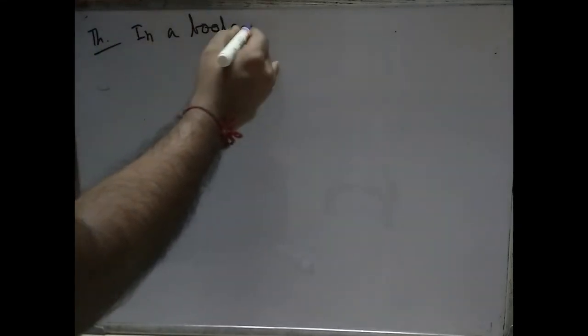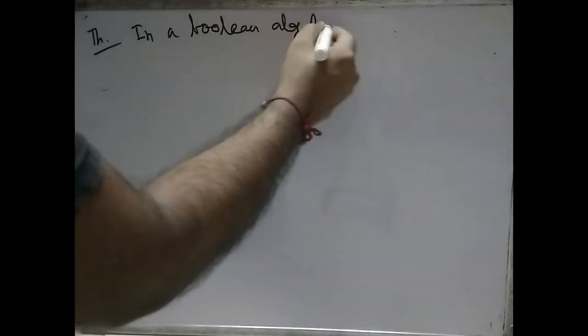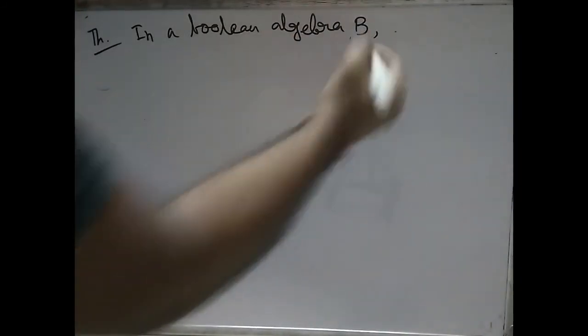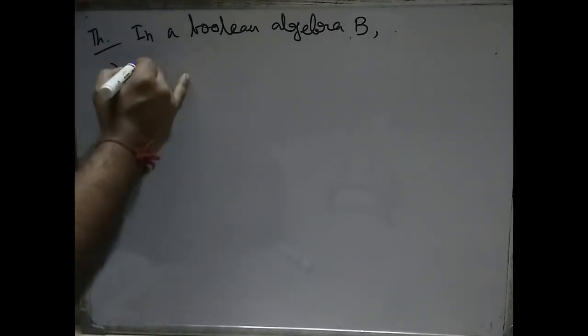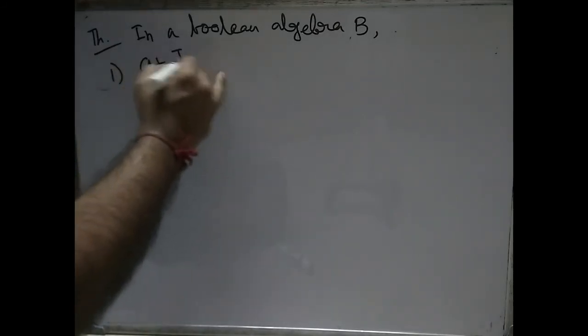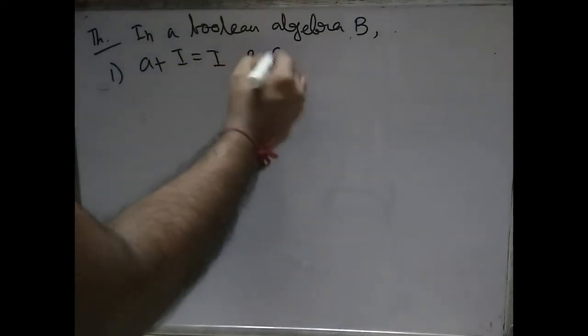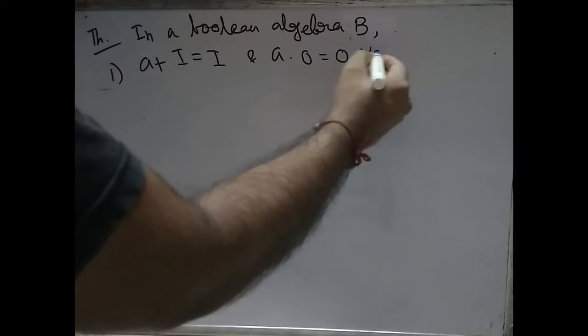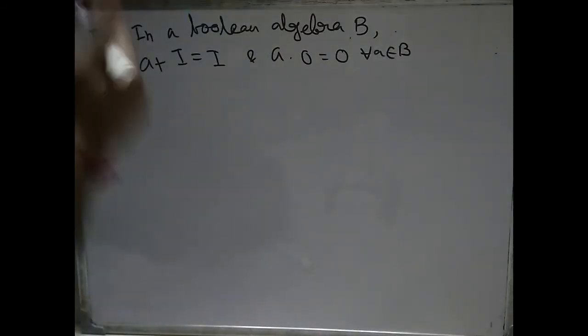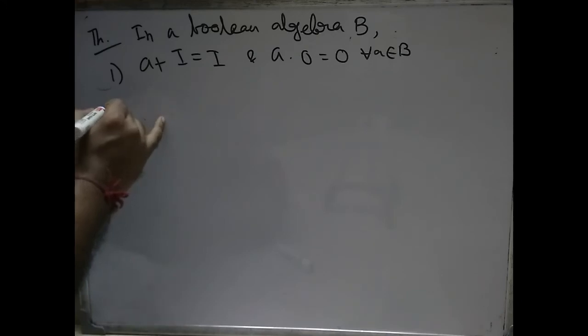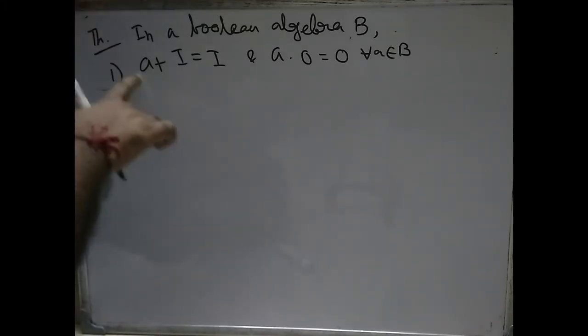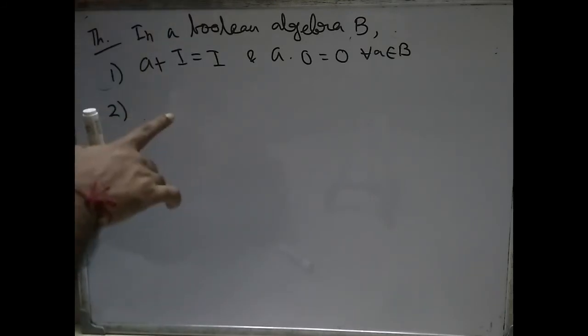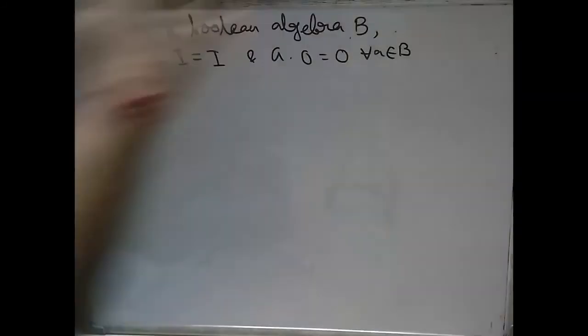Okay, just I am writing a theorem in a Boolean algebra B. Okay, a plus 1 is equal to 1, and a dot 0 is equal to 0 for all a belonging to B. Okay. We will prove this property, and by duality we will say that this is true.